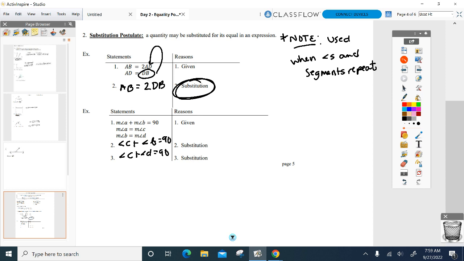What do I mean by angles and segments repeat? Look at the one you just did. See how angle A repeats? See how angle B repeats? I'm going to probably use substitution if I see angles or segments that repeat.